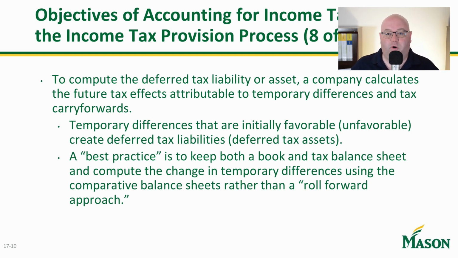Best practice is to keep both book and tax balance sheets and compute the range. And it's kind of funny because they say both book and tax balance sheets. Most of the time when you're reporting, and actually not most of the time, it should be all the time. And this actually is a pet peeve of mine. I know there's some firms that are out there that actually, when they do the balance sheet on Schedule L on their corporations, they report the tax balance sheet.